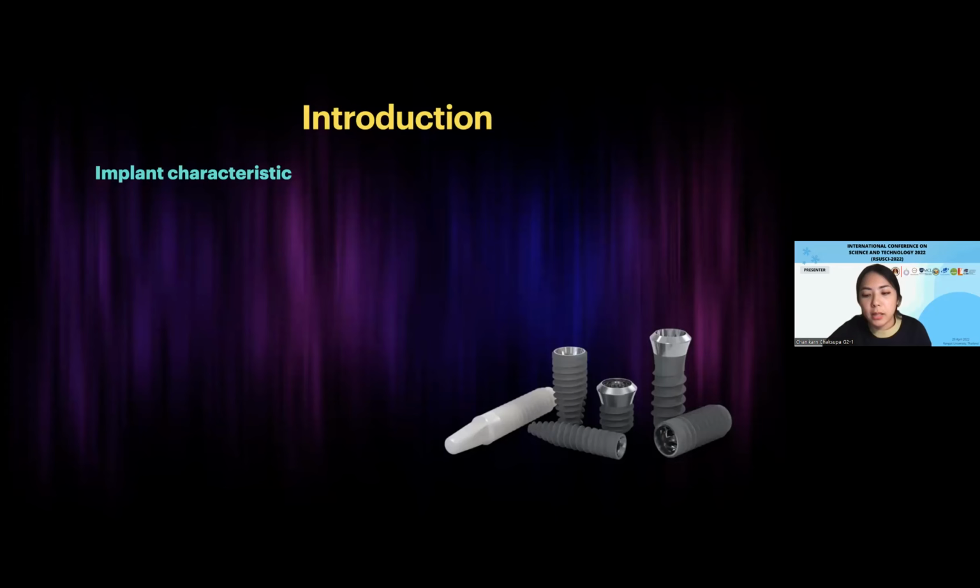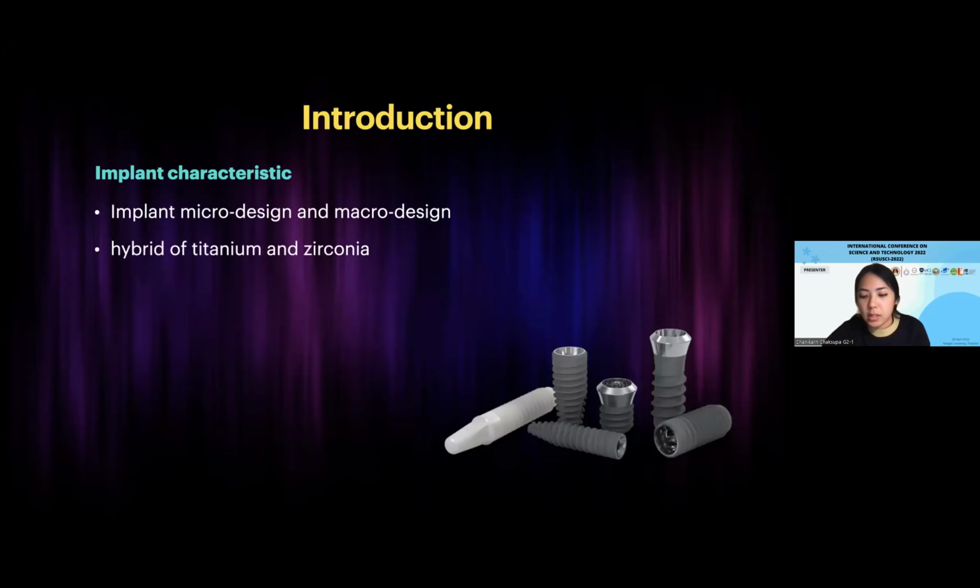The first potential factor is implant characteristics, which are its micro design and macro design. Currently, a new material has been developed, which is a hybrid of titanium and zirconia, and it provides greater strength and biocompatibility.